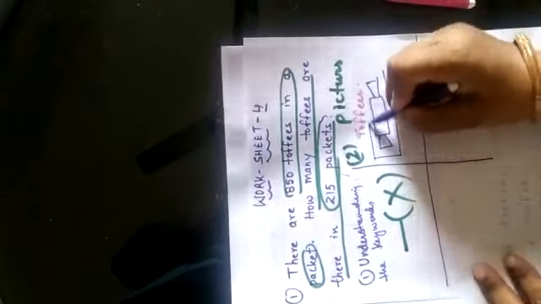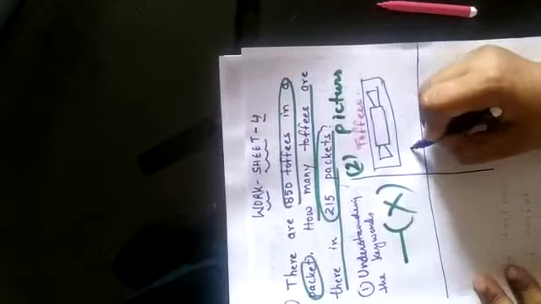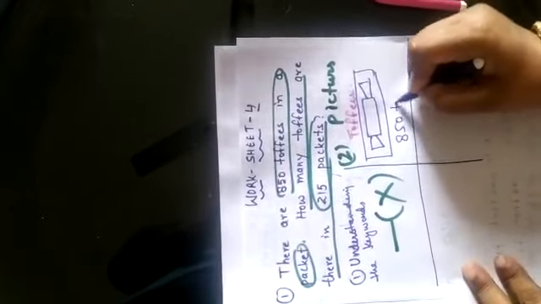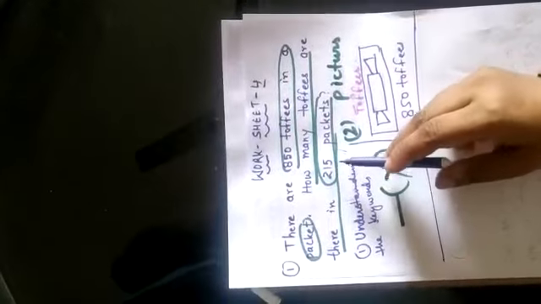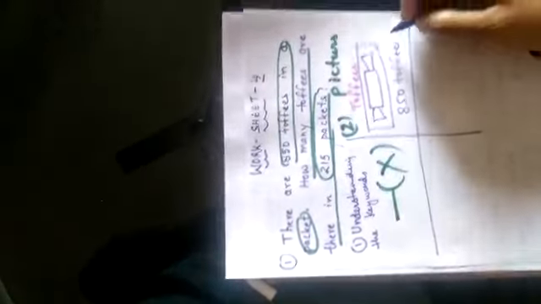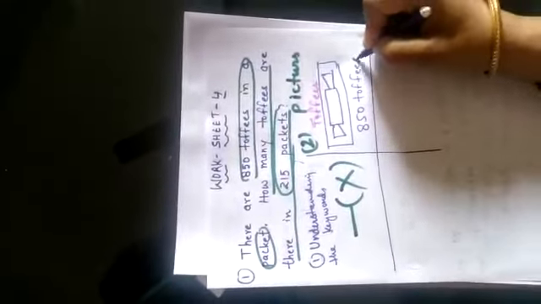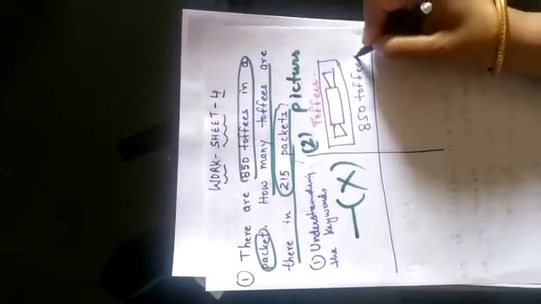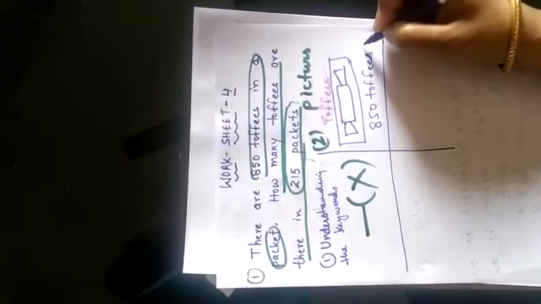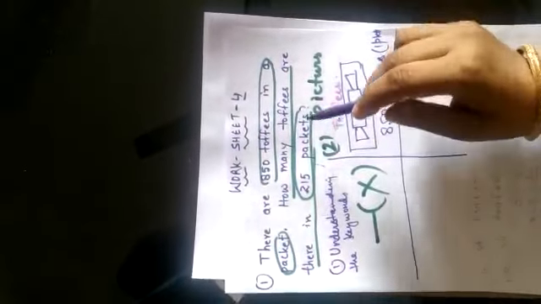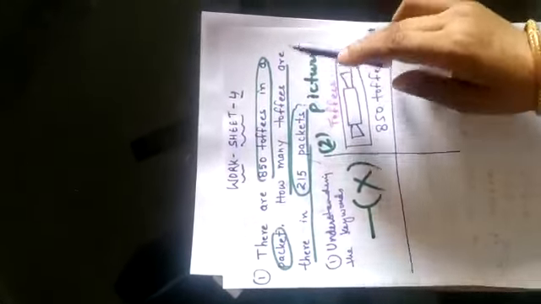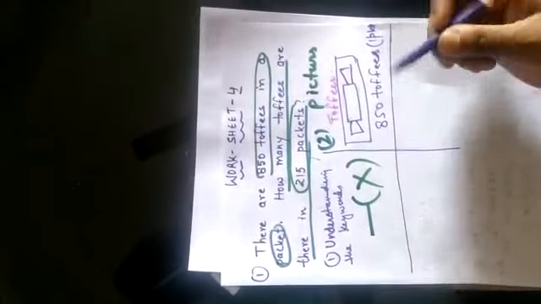This is a packet. How many toffees? 850 toffees. The question is asking how many toffees there are in 215 packets. Here 850 toffees are in one packet. So we have to find the total number of toffees in 215 packets.